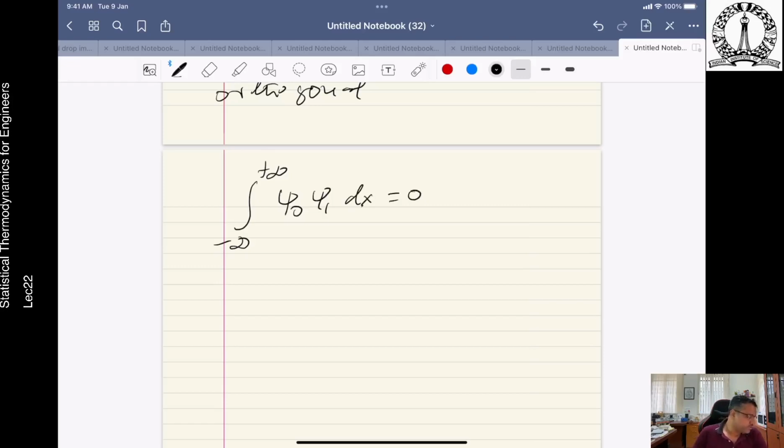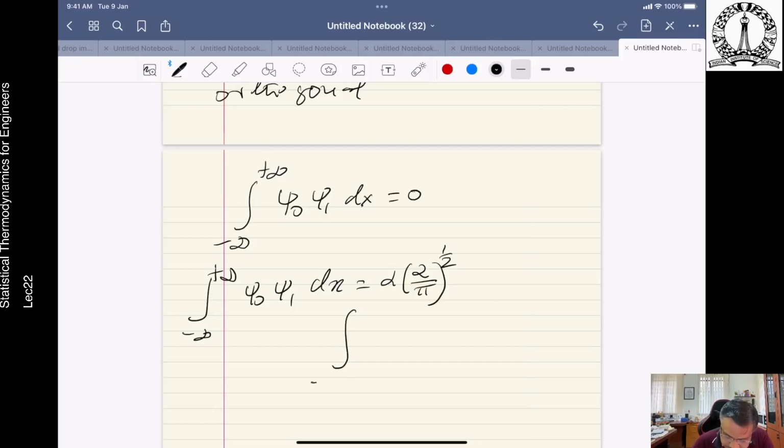So we multiply the two wave functions now. We evaluate the integral from minus infinity to plus infinity of psi naught into psi 1 dx, which is equal to alpha by pi raised to the power of half, times the integral of x exponential of minus alpha x squared dx, and this is therefore equal to 0.